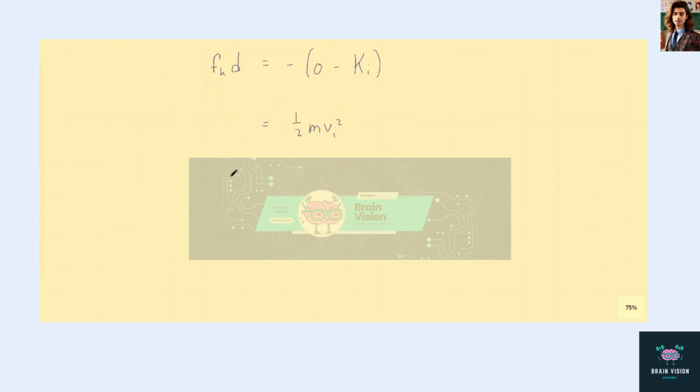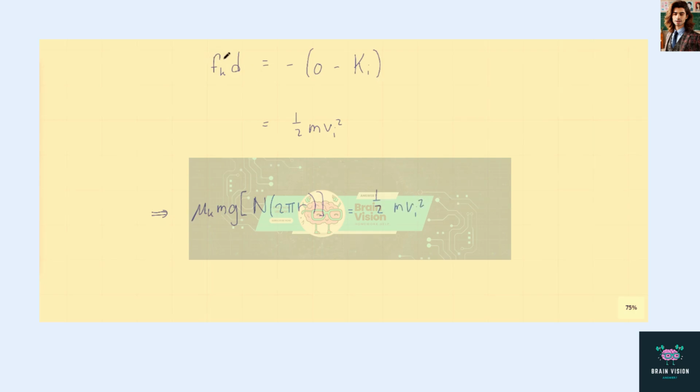So we can write this as mu k mg, which is the frictional force, times the distance the particle will travel, which is n revolutions, times the distance around one revolution, which is 2 pi r, where r is the radius of the loop, is then equal to a half m Vi squared.